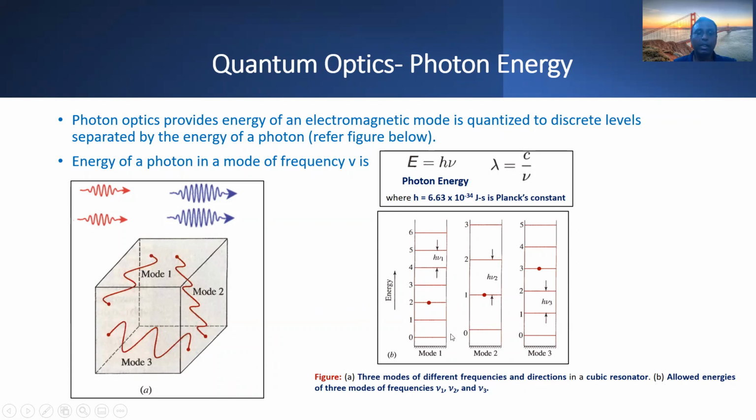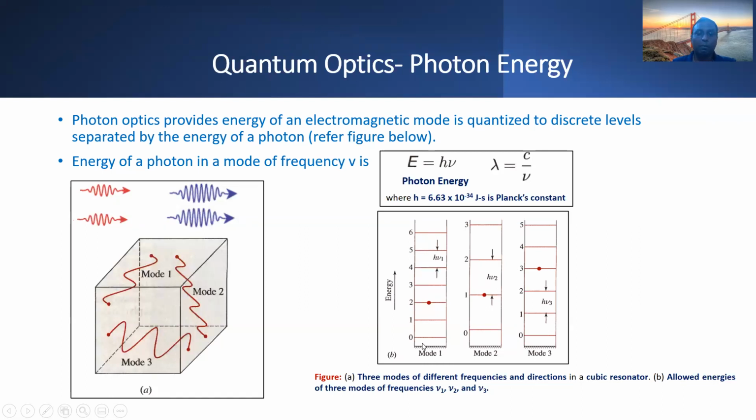Okay. So there are three modes of different frequency and direction in a cubic resonator. That's A here: mode 1, mode 2, mode 3. And B shows the allowed energy in the three modes of frequency v1, v2, v3. So B here is mode 1.